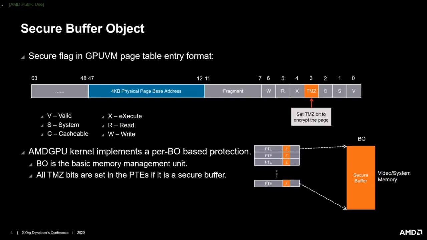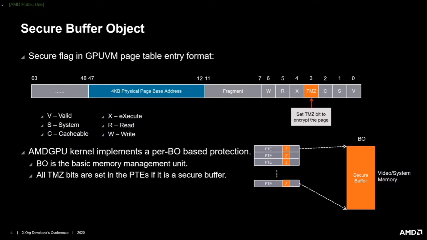We use one of them, bit 3, as the secret property. When the bit is set in the page table entry, the page that is pointed to by this entry will be put into the trusted memory zone, and this can be encrypted.